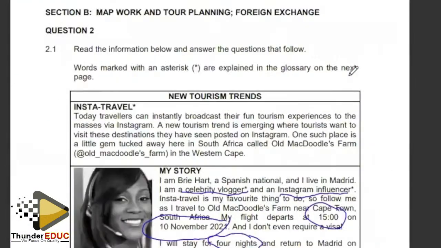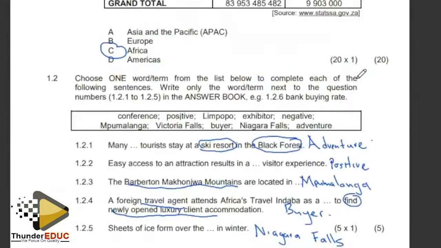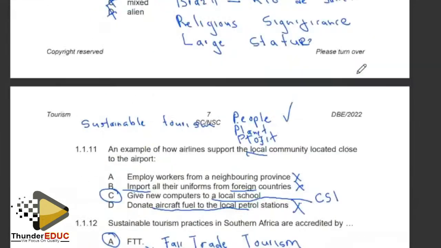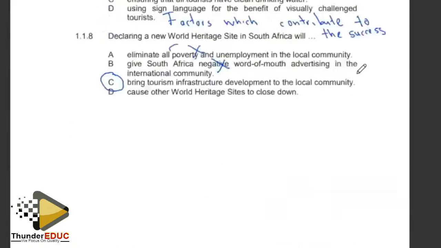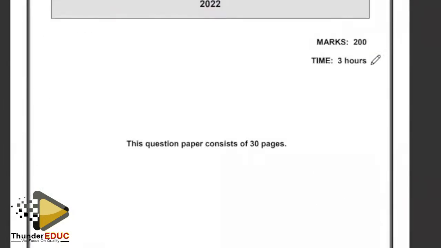It is a very long paper, which needs patience. Take your time and use the elimination method when choosing multiple choice questions. So this brings us to the end of this discussion.